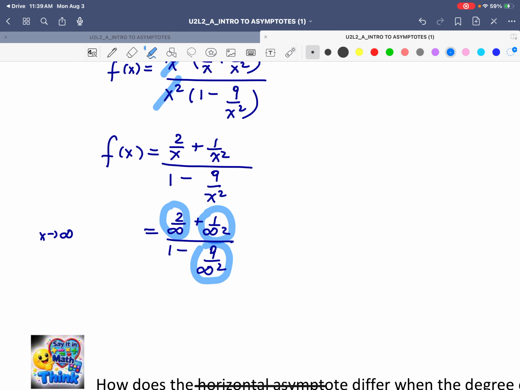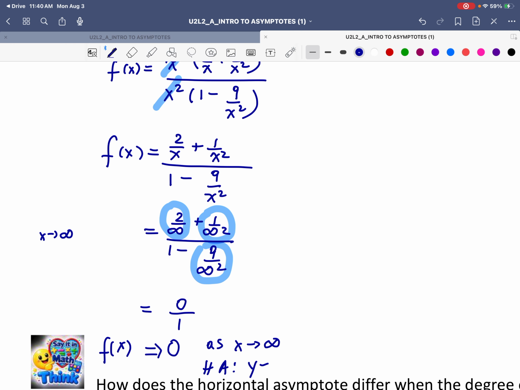So 0 plus 0, that would be equal to 0. And 1 minus 0, that would be 1, which tells us that 0 over 1 is 0. So therefore, we're going to say that f of x will approach 0 as x approaches infinity. That means that the horizontal asymptote will be at y equals 0.